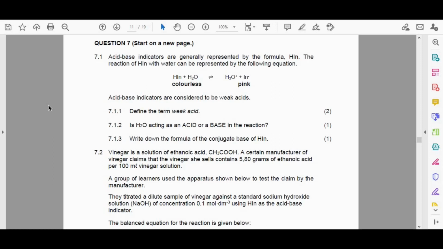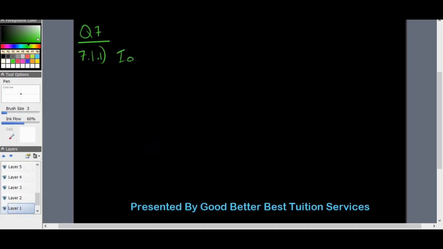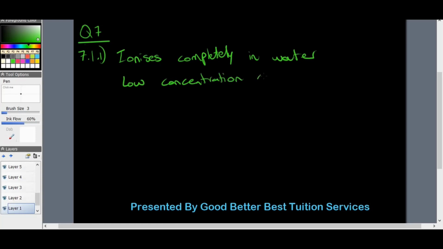So this is a term which I'm going to say verbally. Weak acids ionize in water. I'm just going to write down the key phrase here: it ionizes in water to form a low concentration of hydronium, which is H3O plus ions.